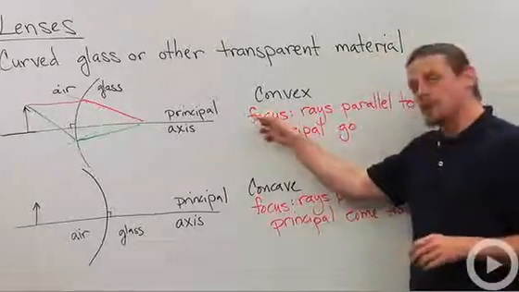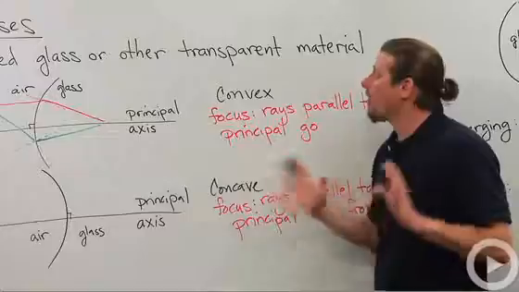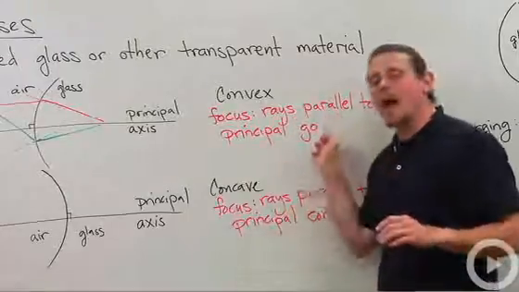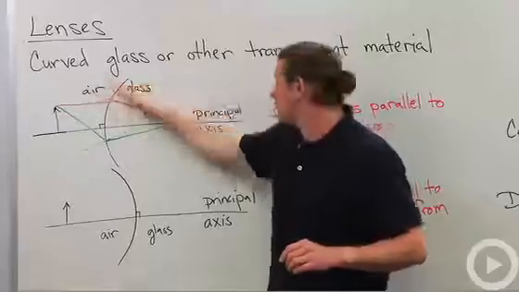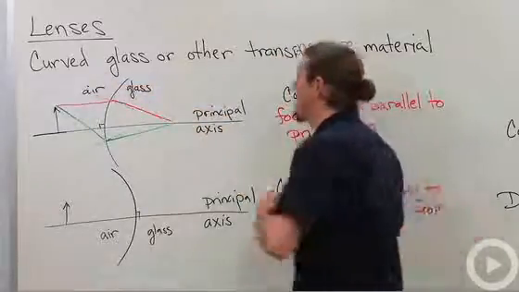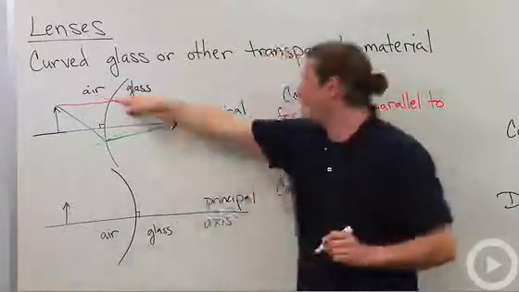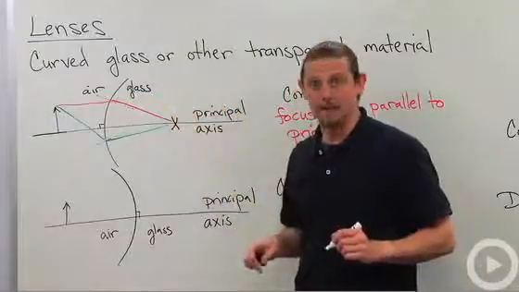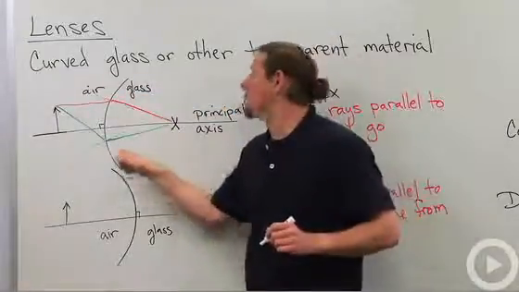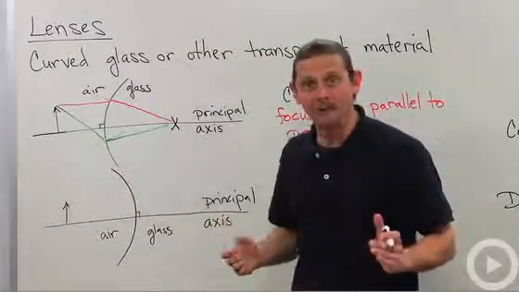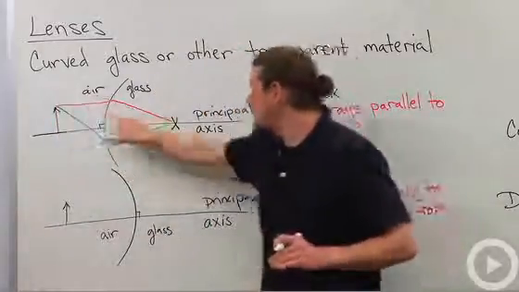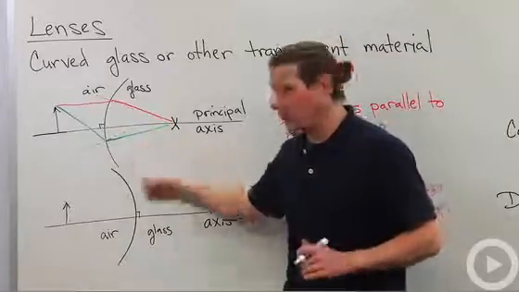So the focus is the place where rays that come in parallel to the principal axis go. So this focus will be right over here, where this hits the principal axis. All right, so this is called converging. When I have convex glass, light rays converge after they go through.